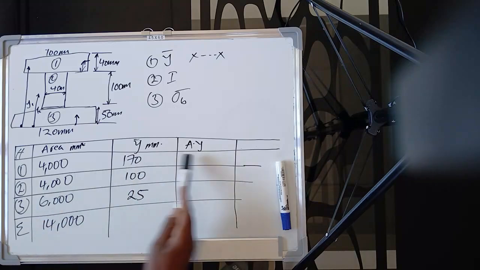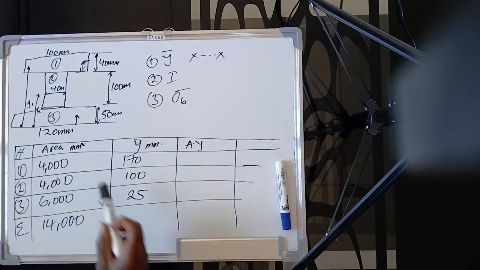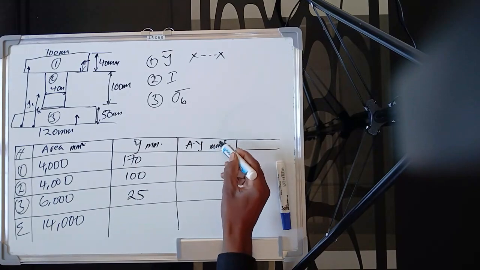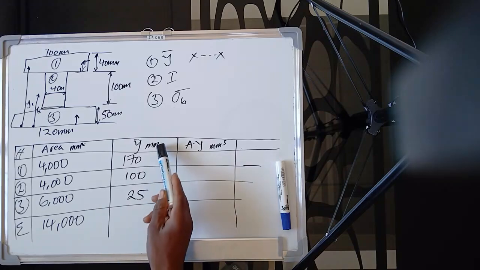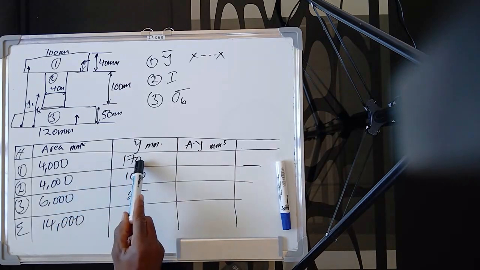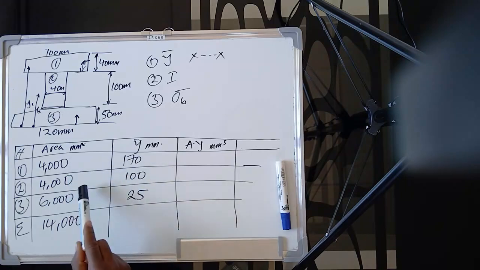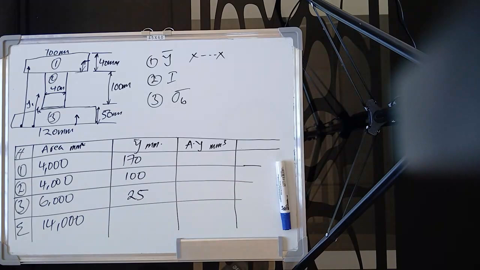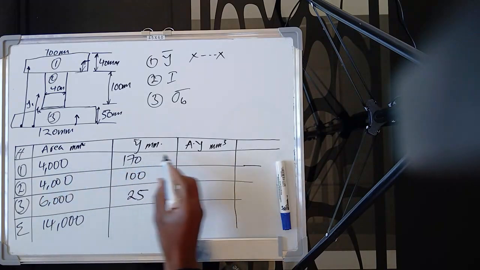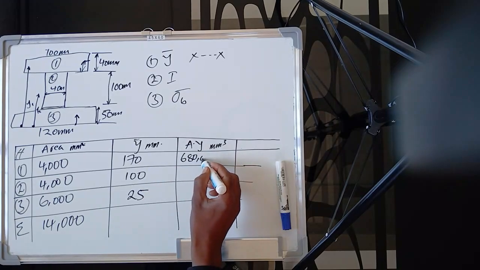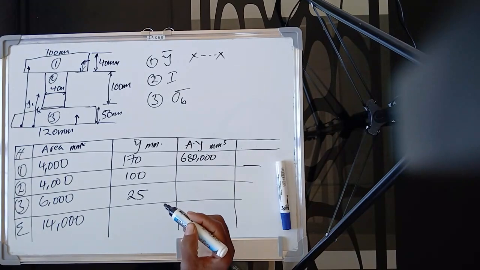Then the last one, remember, we have to do the multiplication and the units. Millimeter to the power 3. Why are they millimeter to the power 3? This is a single millimeter, this is a square. So once we do that, we sum the powers. So get your calculator and multiply this and that, and put them there. So 4,000 times 170 should give you 680,000.